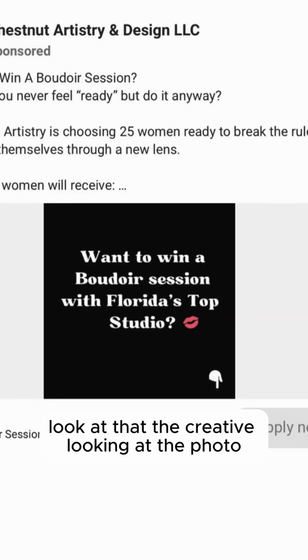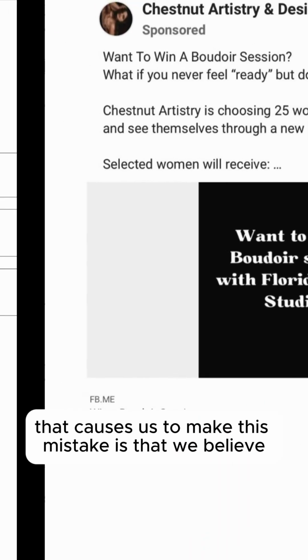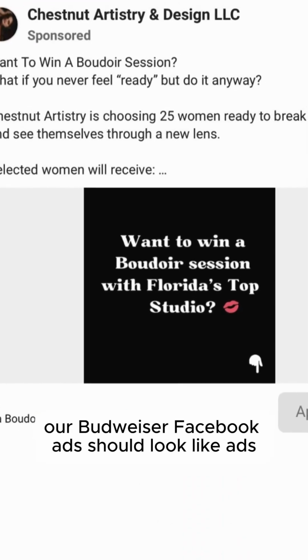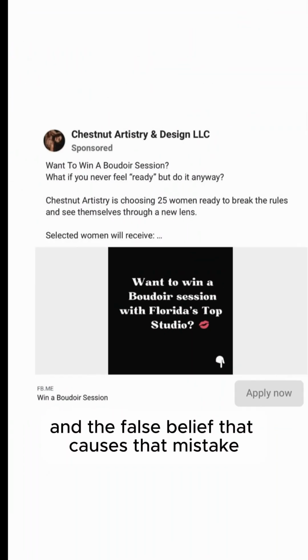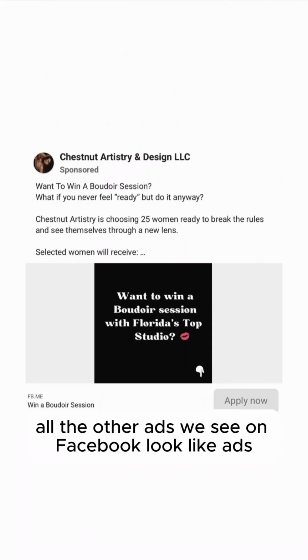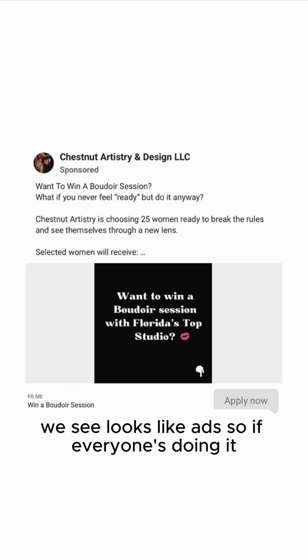Next, looking at the creative, looking at the photo, we got the looks like an ad mistake. The false belief that causes us to make this mistake is that we believe our Boudoir Facebook ads should look like ads, because basically all the other ads we see on Facebook look like ads. All the other Boudoir Facebook ads on Facebook we see look like ads.